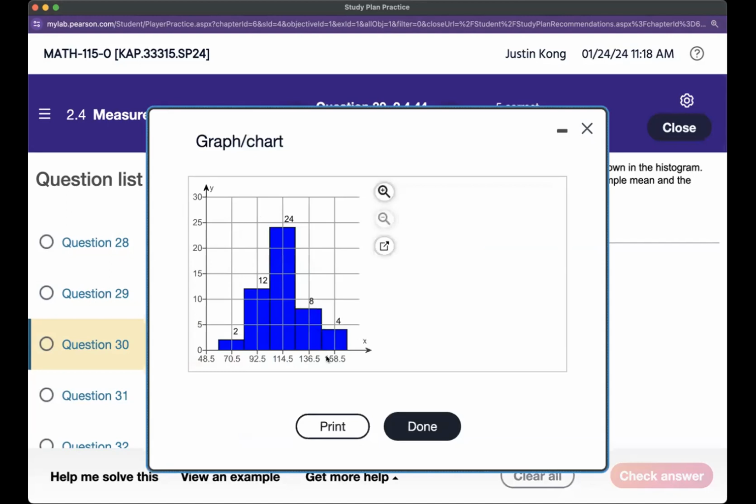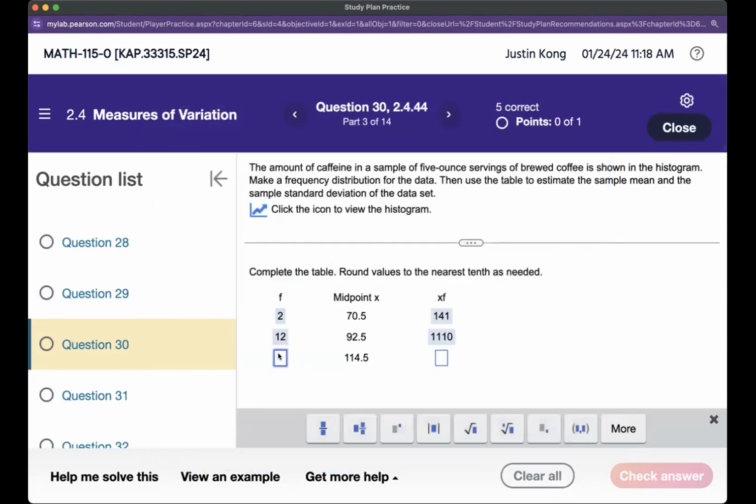Okay, next midpoint is 114.5 with a frequency of 24 now. 24. So this will be our largest one. 24 times 114.5 is 2,748.